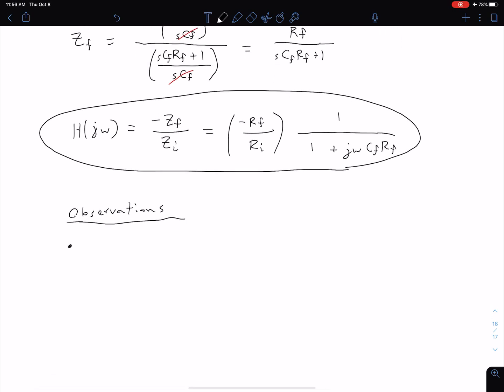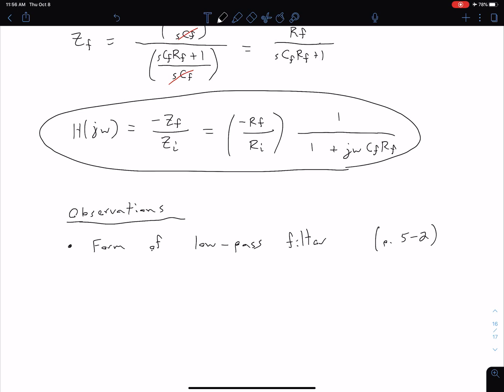To line up with what is in the notes, comparing to what we had before, we can say this has the form of a low-pass filter. We saw this previously in the notes on Canvas. If you look on page 5-2, this is what we saw for the previous low-pass filter that we considered.